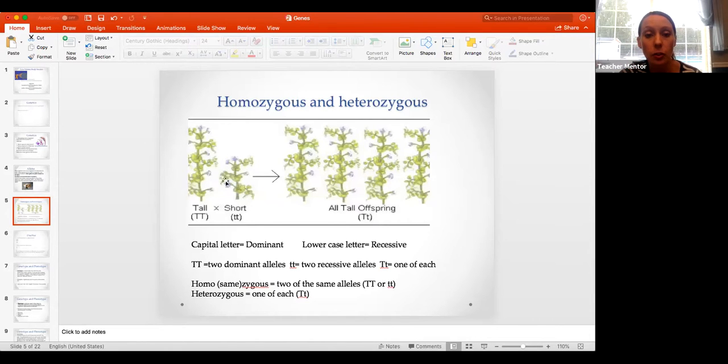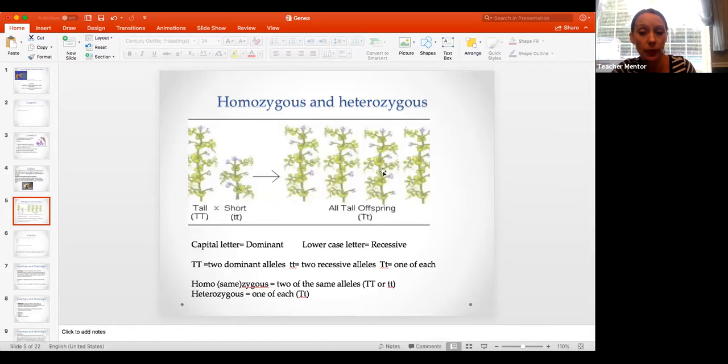Now, for a recessive trait to be seen, you have to have 2 recessive alleles. Because as we see over here, here are our heterozygous pea plants, one tall, one short. Are these tall or are these short?